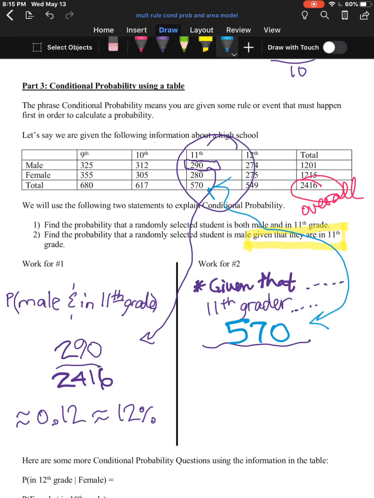So 570 is going to be my denominator. And then we want to know the probability that the student is actually male out of the 570. So the probability that somebody is male, this vertical line means given that, the person is also an 11th grader.